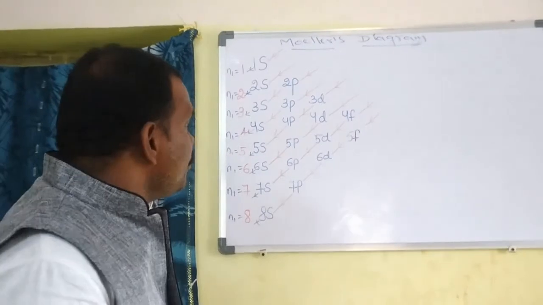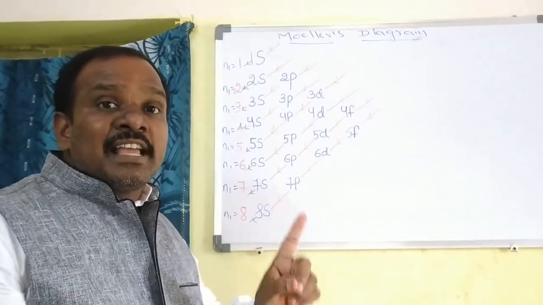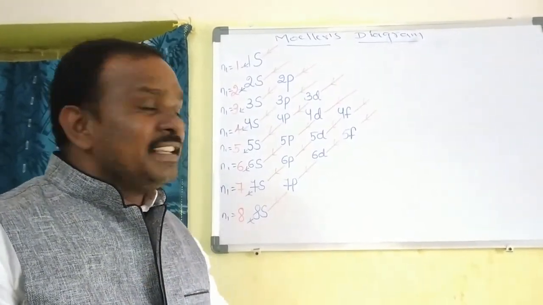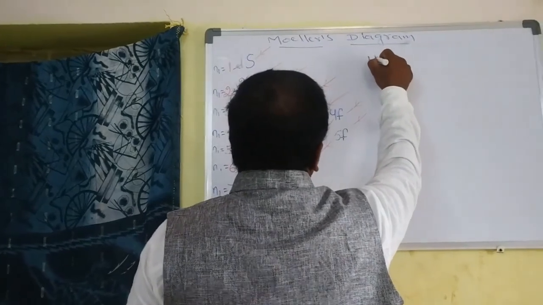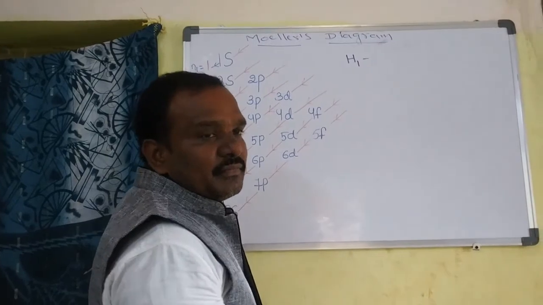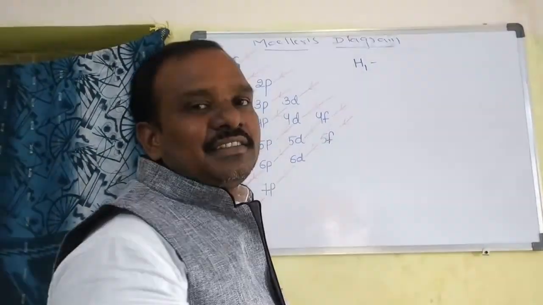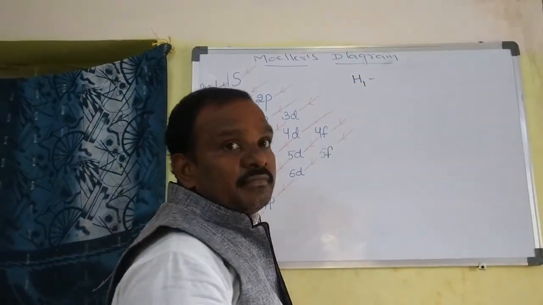You see now, based on this Moeller's diagram, we are going to write the electronic configuration of any element without any difficulty. See students, first suppose we take hydrogen. Hydrogen atomic number is 1. This 1 indicates the number of protons. This is a neutral atom.